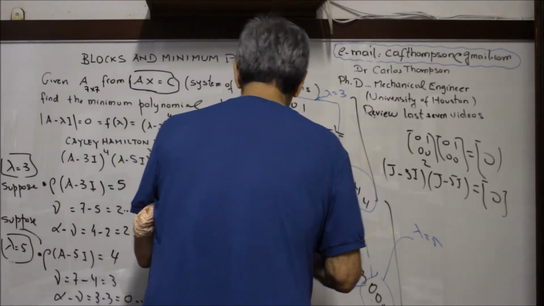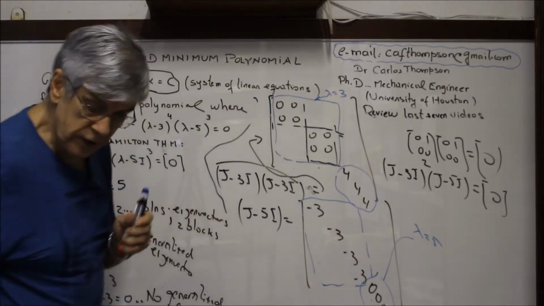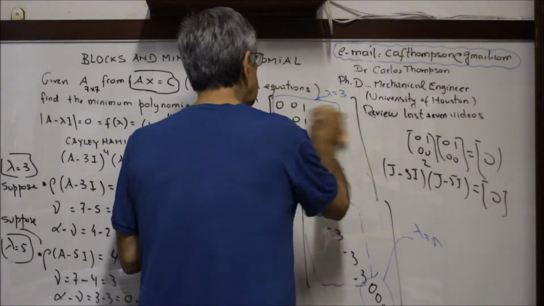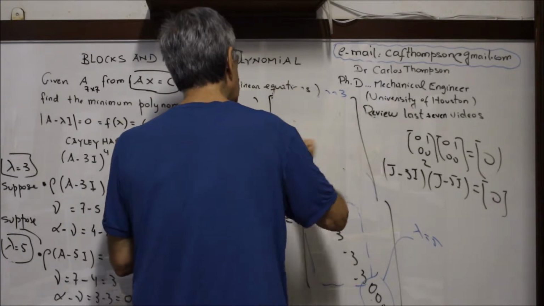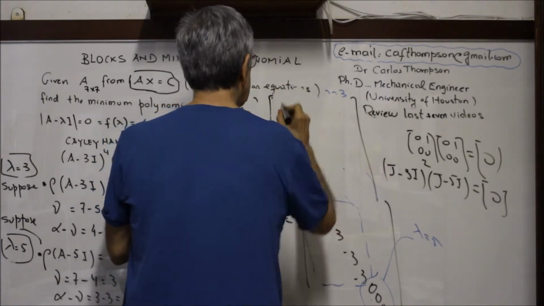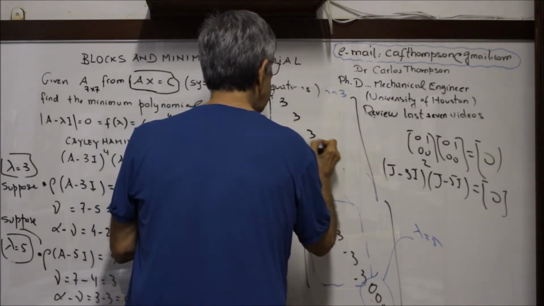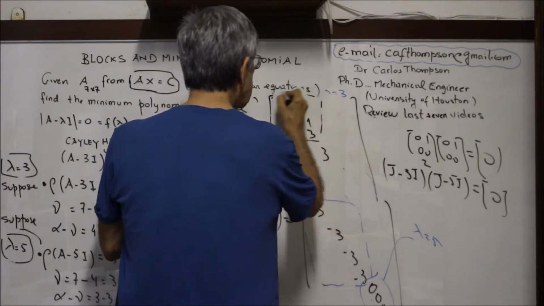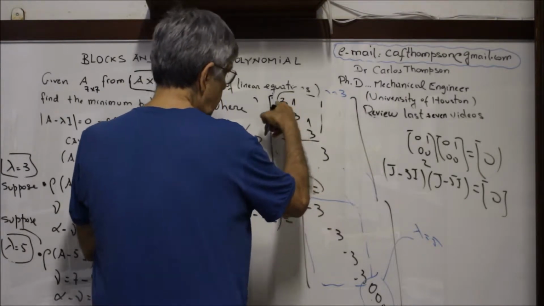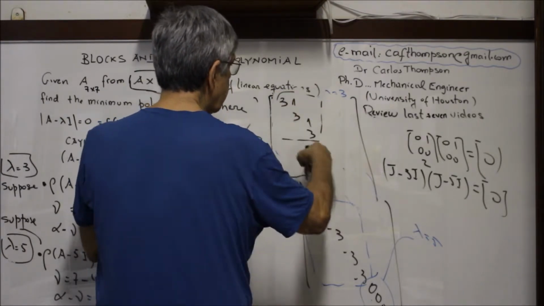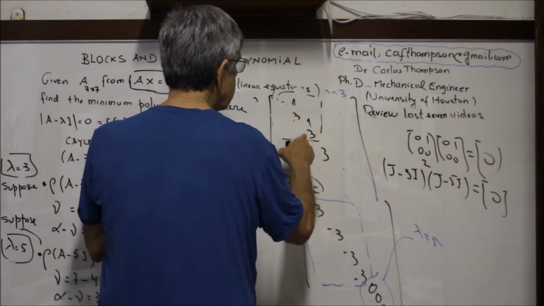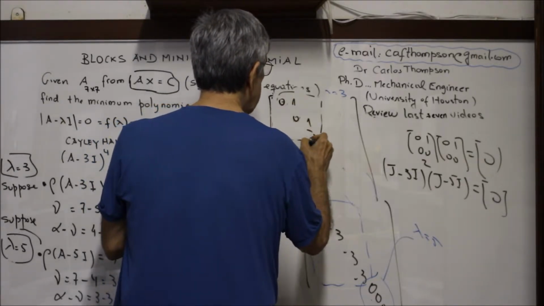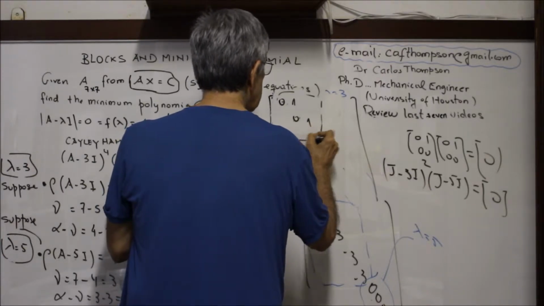The last one, when I have one block, I'll just repeat what I did last time. Here I have two blocks, and I put 3, 3, 3, and 3. I put one here and one here. So this block to the power 3, when I subtract from 3 here, I have 0, 0, 0, 0, and 0 here.